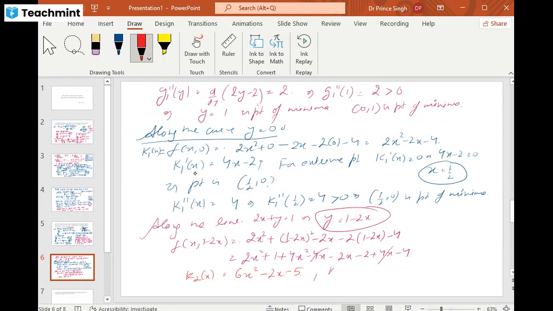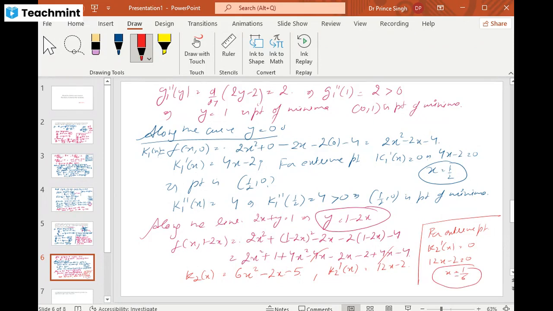Again for the extreme point, firstly we find out the first order derivative. It is 12x minus 2. For the extreme point, we put k2 dash x equal to 0. 12x minus 2 equal to 0 means x equal to 1 by 6.